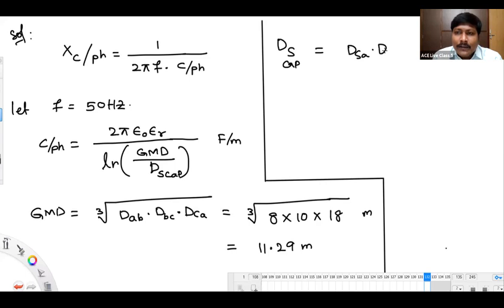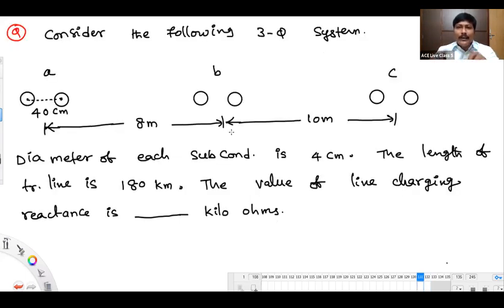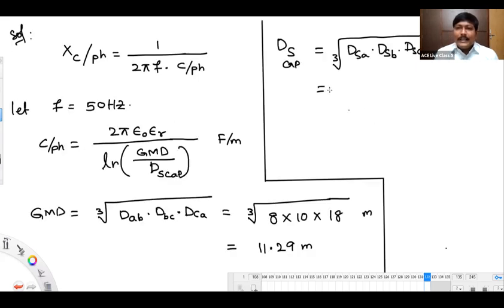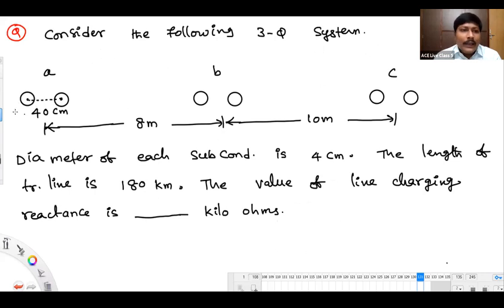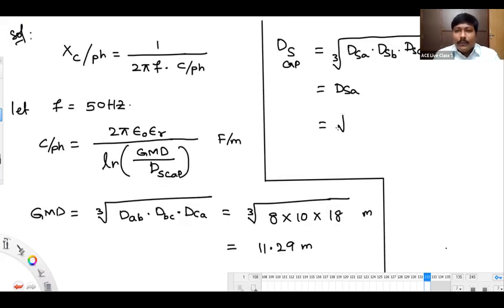All the three bundle conductors are identical, so you can call this simply Ds of phase A. What do you mean by Ds of phase A? I have two conductors with a diameter of each subconductor as 4 centimeters, so the radius will be 2 centimeters. Spacing is 40 centimeters. So this will result in a term like the root of R into S.